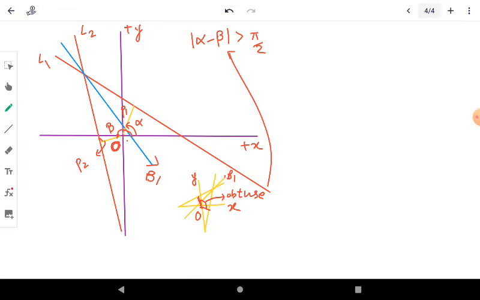So what it means is, let's see this on the next page, guys. Since alpha minus beta is greater than pi by 2, cos alpha minus beta is what, guys? Positive or negative?